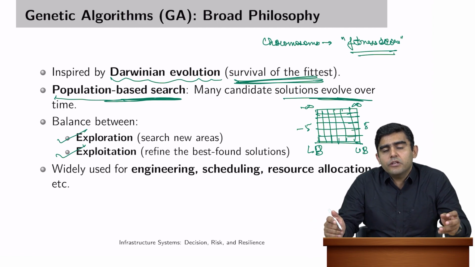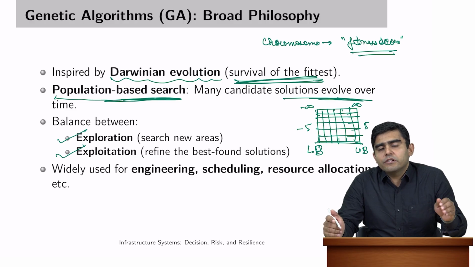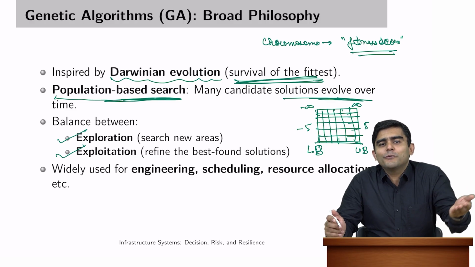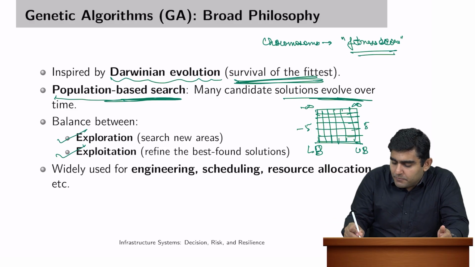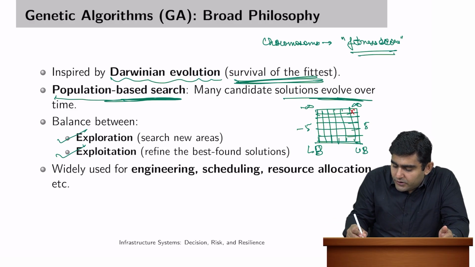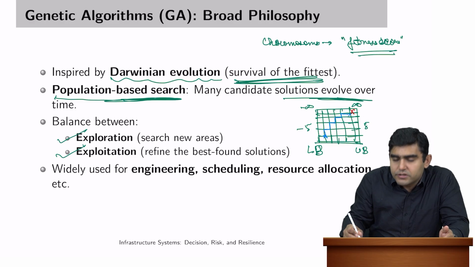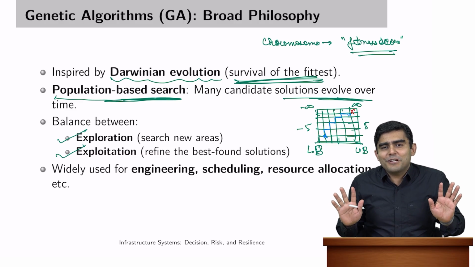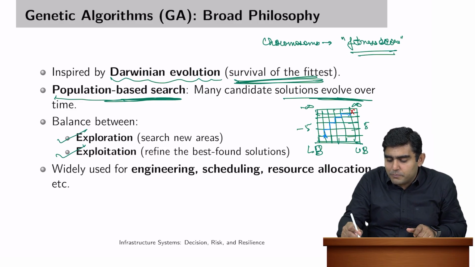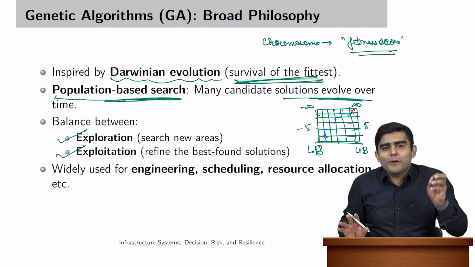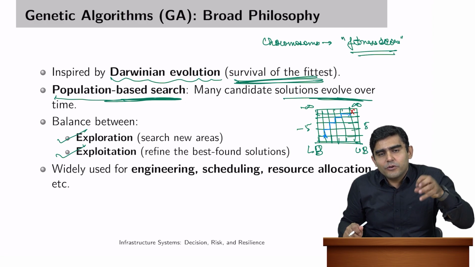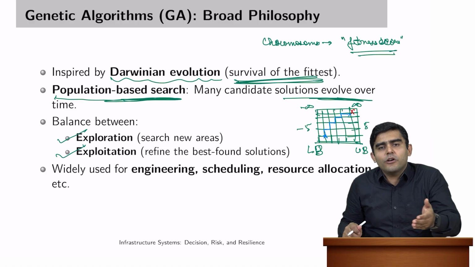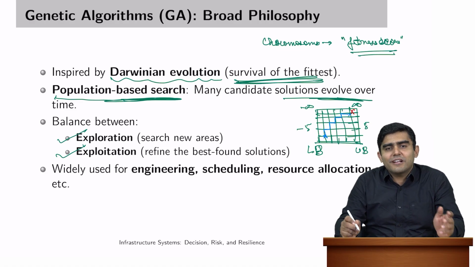And more importantly, you are making computations at a point which is not helping you improve the solution at the next point. For example, if your optimal solution is here and you have started calculations from here, I will keep on going from one point to another point to another point. Of course, at some point you will reach the optimal or near optimal if you have infinite computational resources. But you see that all the points in blue are information that you have generated, but it is not at all useful because it does not even tell in which direction to move.